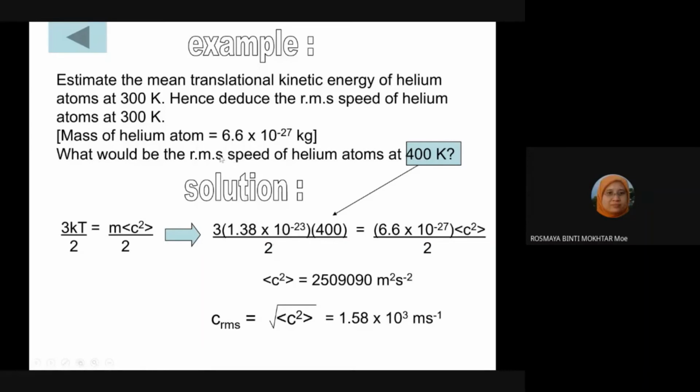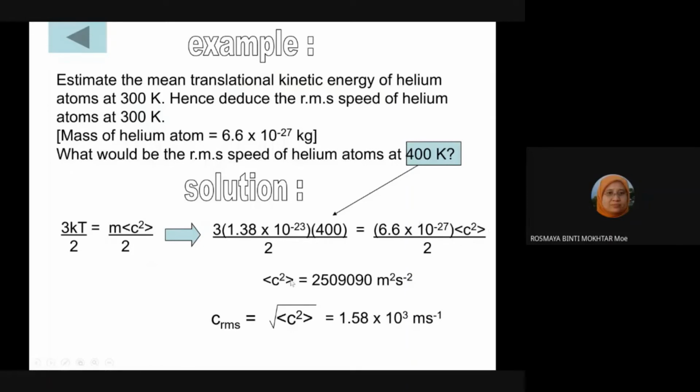But the question doesn't want the kinetic energy for the helium atoms at 400 Kelvin. So you can straight away use this equation: 3kT per 2 equals half m mean square speed. You directly substitute 3 times the Boltzmann constant times 400 Kelvin, divided by 2, equals half m, the mass of the helium, times the mean square speed.